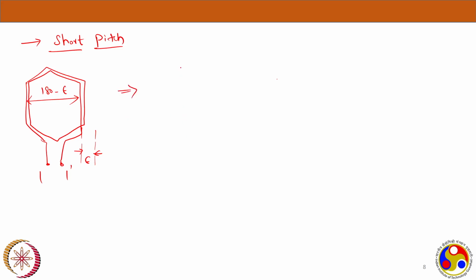If I try to draw the phasors, E10 would be in this way, and this is 1 dash 0. Tell me how E1 dash 0 would be. It won't be in this way, but there is an epsilon short pitch. So this is my E1 dash 0 phasor. However, the magnitudes are the same, and this angle would be 180 minus epsilon.